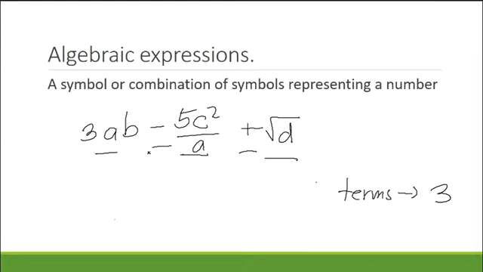Then, when we focus on each term, let's distinguish each part of this term. So you can see this term 3ab is the product of 3a and b. And these are called the factors of this term.